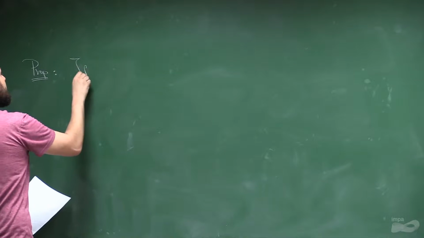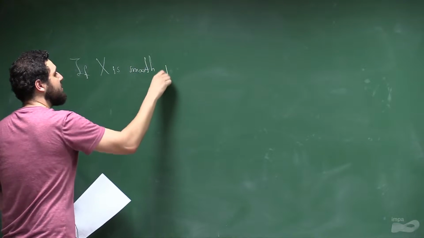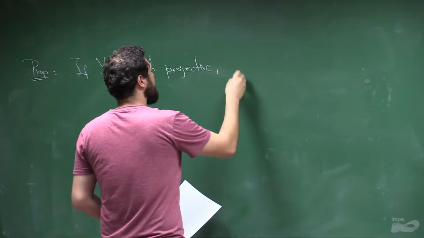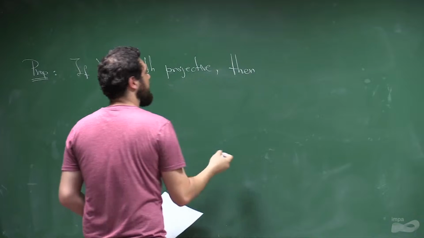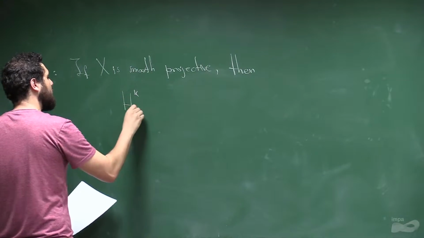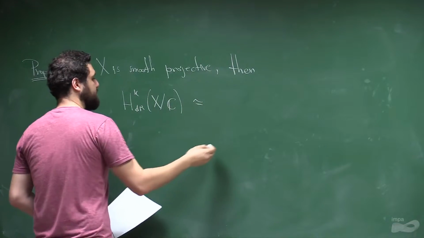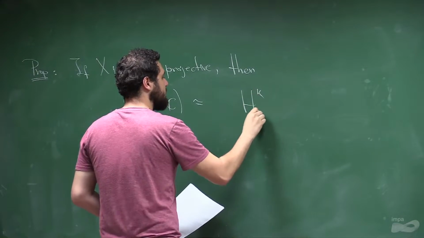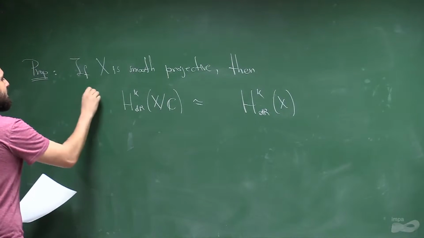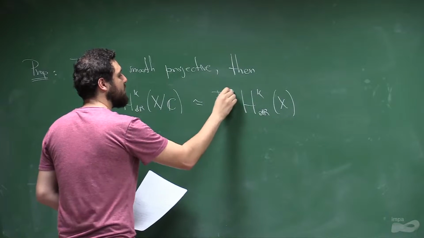So if X is a smooth projective variety, then under this isomorphism, the algebraic de Rham cohomology is isomorphic to the de Rham cohomology of X, and it sends the filtration to the Hodge filtration.